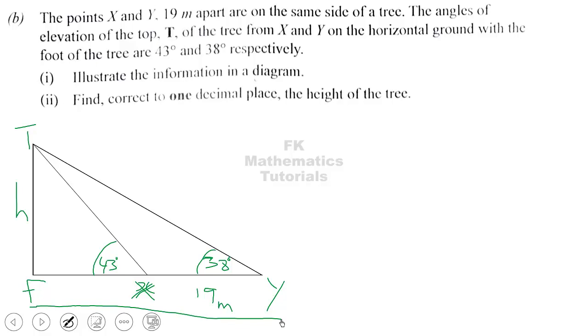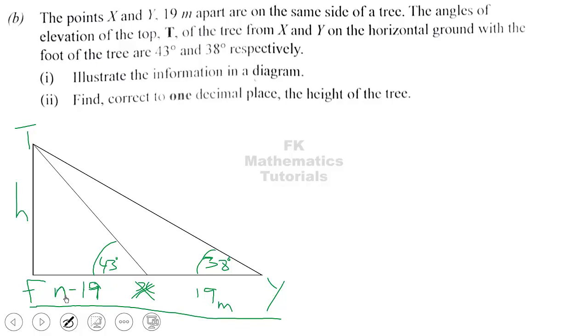So from F to X will be n minus 90 meters. Then from X to Y will be 90 meters. When we add all, we get n meters.